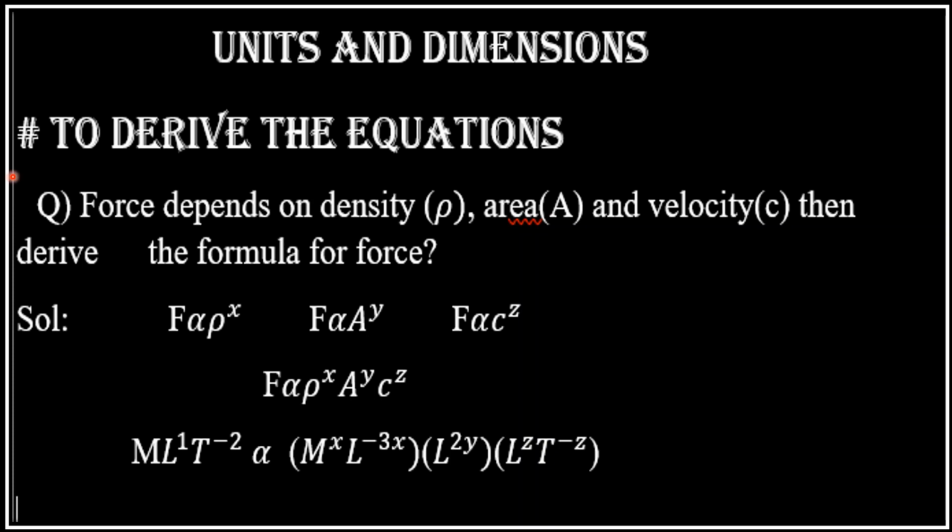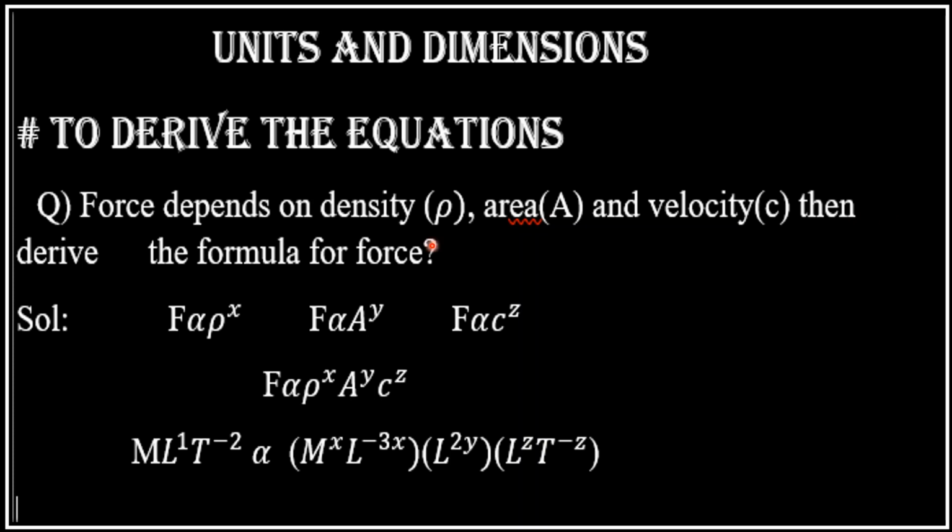So friends, till now we have seen two applications of dimensional formula. We are going to see another application of dimensional formula, that's to derive equations. We are going to derive an equation that is unknown to us by using the terms given in the question. For example, force depends on density rho, area capital A, and velocity c.